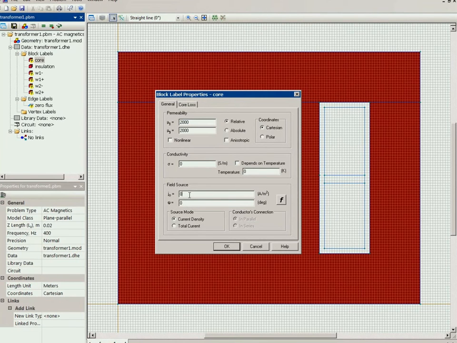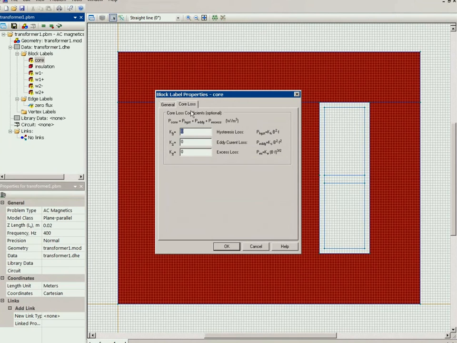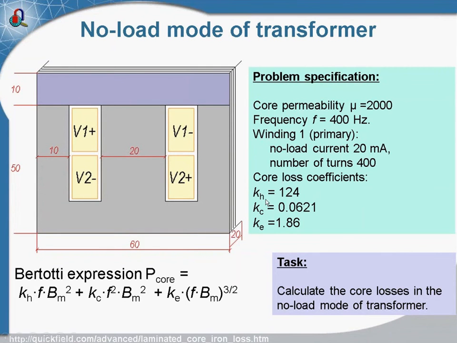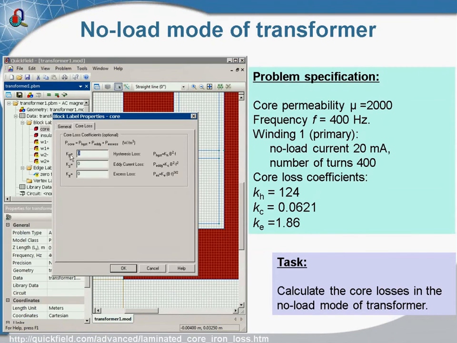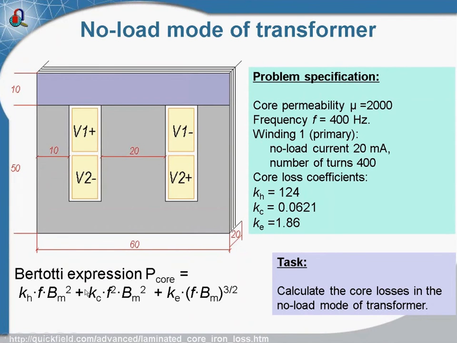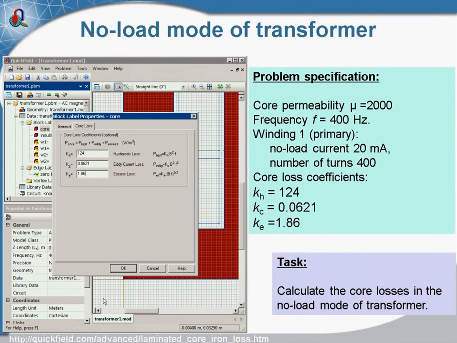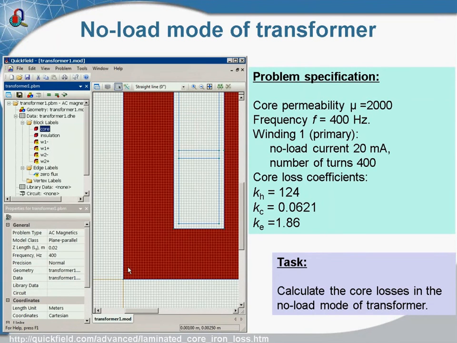There is no current in the core, and I specify the core loss coefficients, which are core iron loss coefficients. Remember, these coefficients are part of the Bertotti expression which approximates the experimental data. Okay.